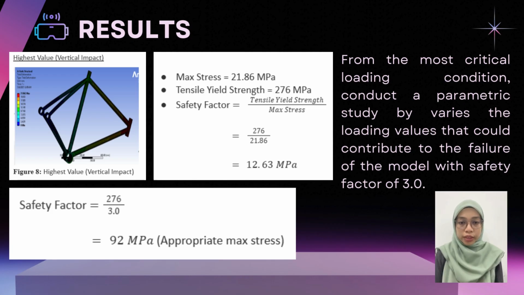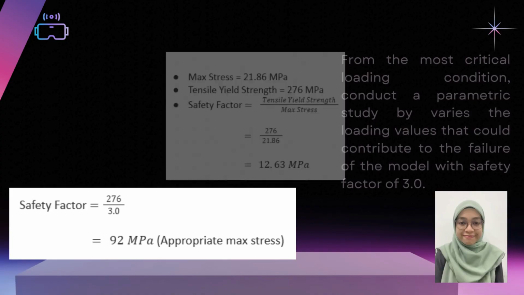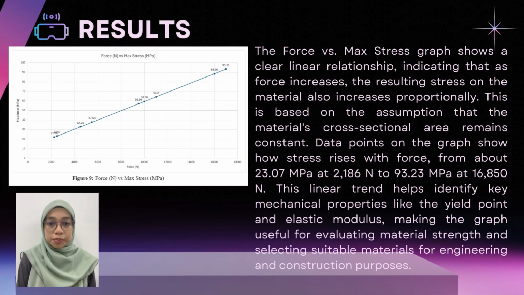To meet this requirement, the target maximum stress was set by dividing the yield strength by 3.0. The force versus maximum stress graph shows a clear linear relationship, indicating that as force increased, the resulting stress on the material also increased proportionally. This is based on the assumption that the material's cross-sectional area remains constant.